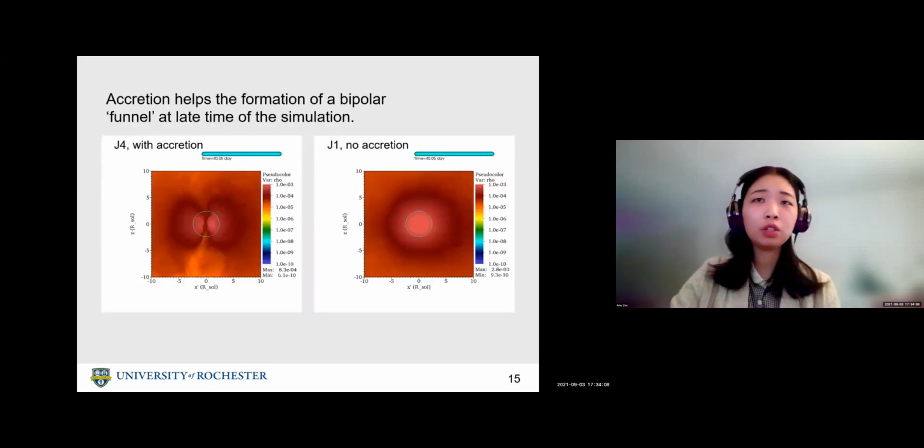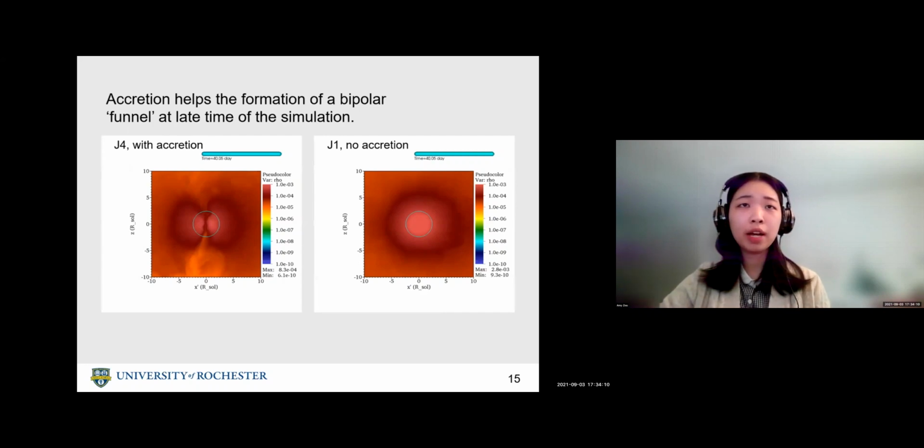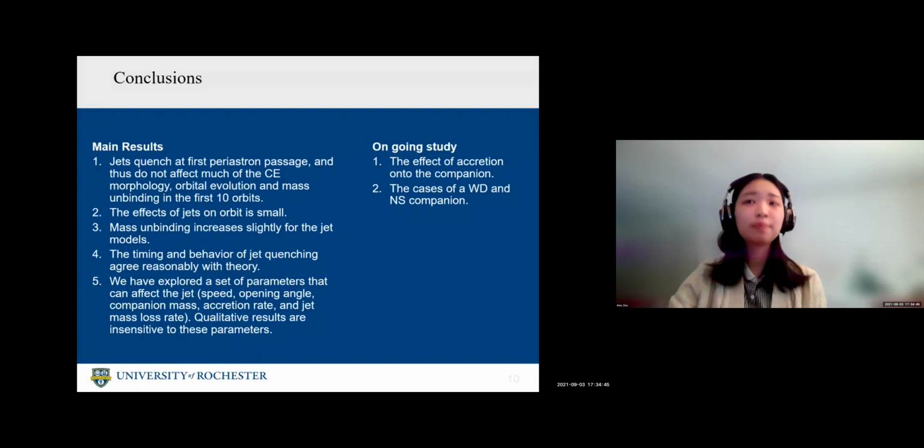And if we see the total gas density at the end of our simulation with accretion, we can see the secondary really clears a funnel shape around it in the polar direction compared to the no accretion model. So that's how the accretion could make a difference, but we need to continue the study of these accretion models. I think I'm beyond time, so happy to stop here and take any questions.